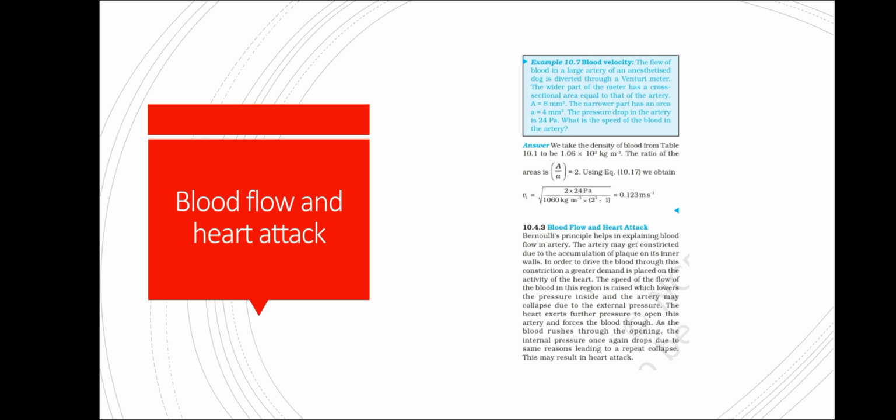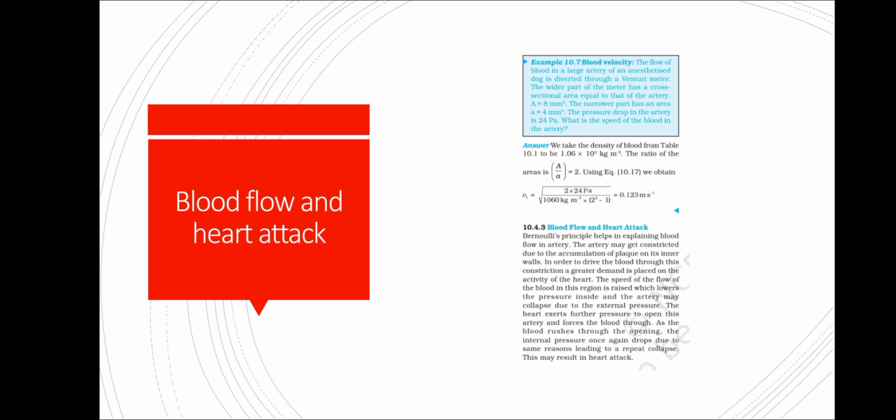With the help of Bernoulli's principle, we know that accumulation of plaque means our arteries become blocked; there will be blockage in the human arteries. Then the heart demands high pressure, a high speed of blood.